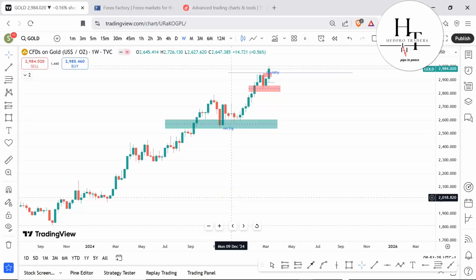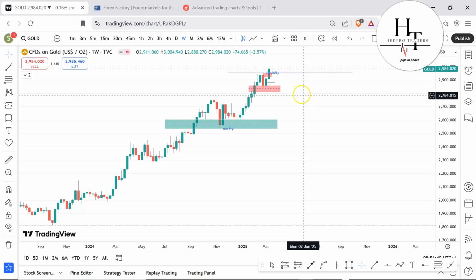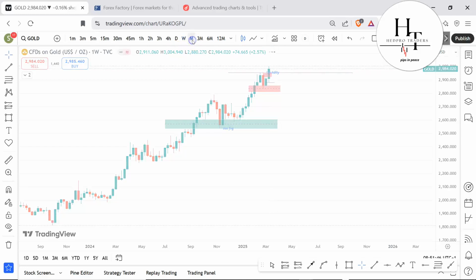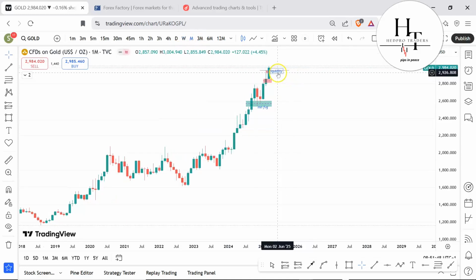So last week, within the week, I reviewed this pair and I noted that price will take liquidity that was resting here and trade above it. Look at the monthly time frame. Let me take this away from the chart. Look at the previous month's high.